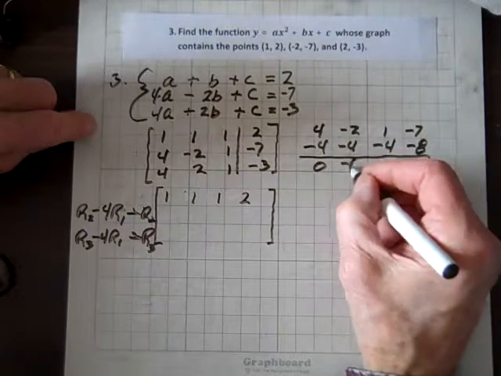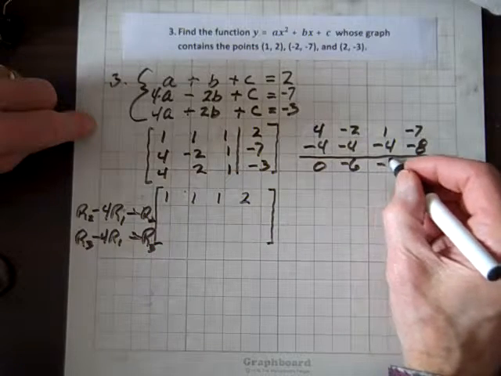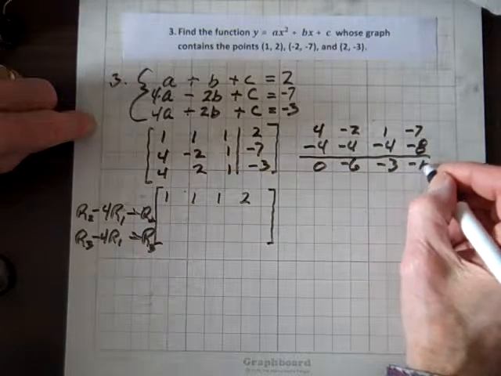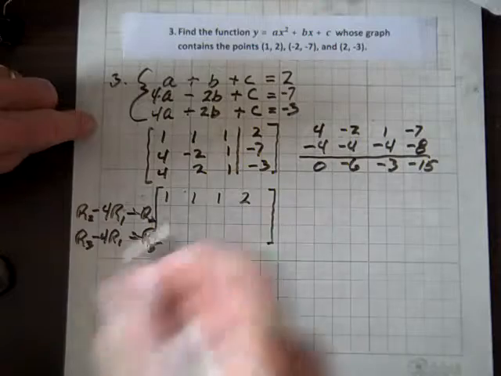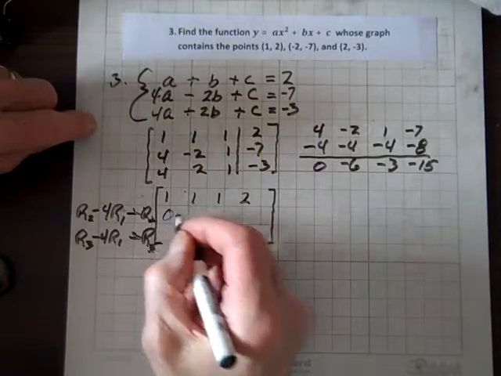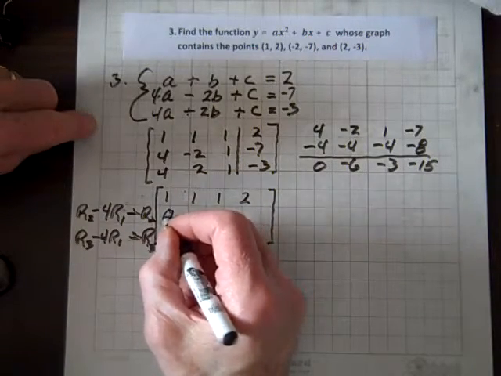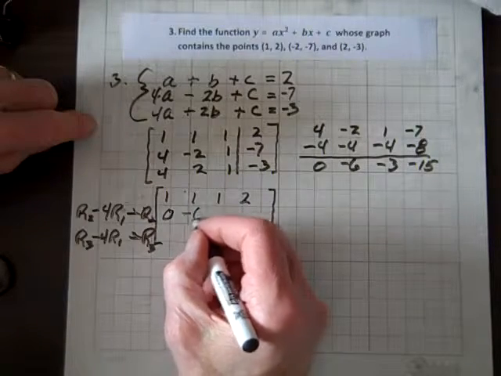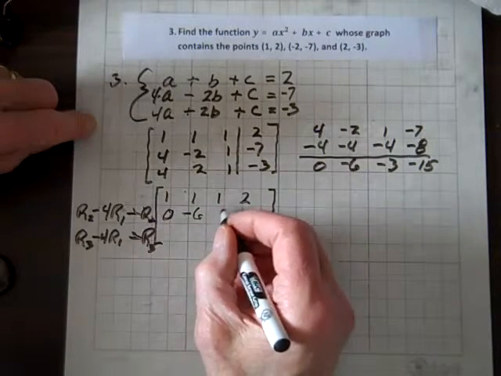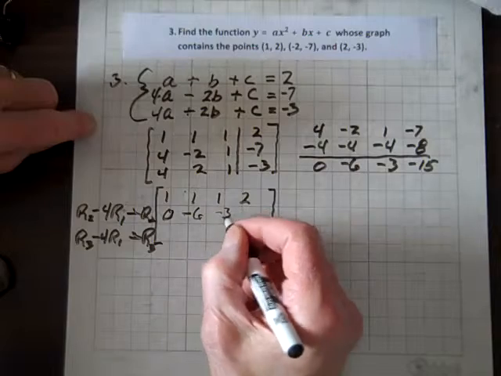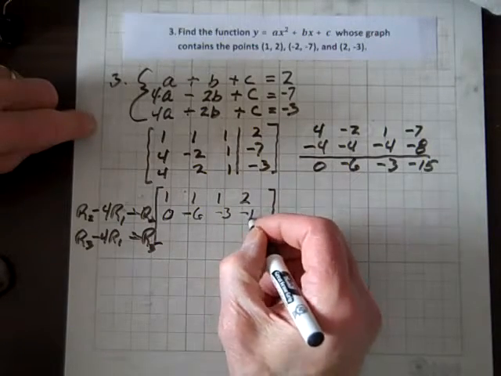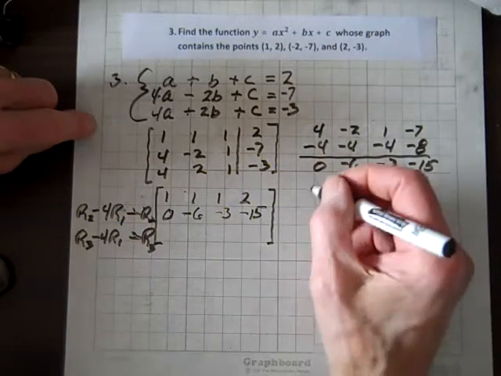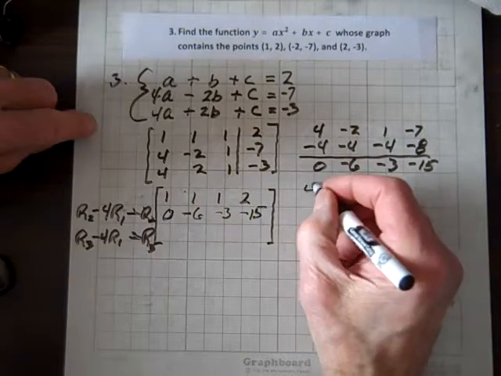We get a -6 here, a -3, and a -15. Okay, 0, -6, -3, and -15.